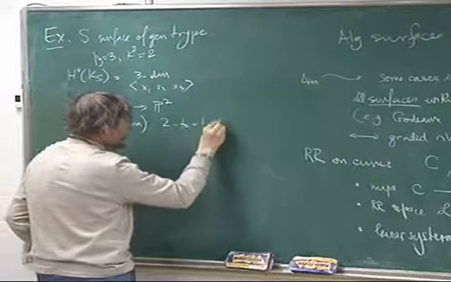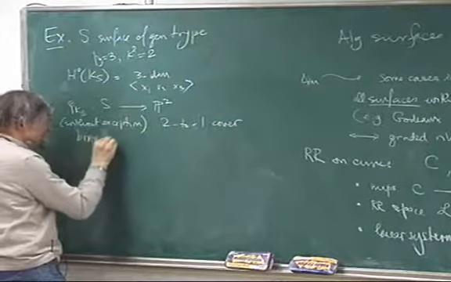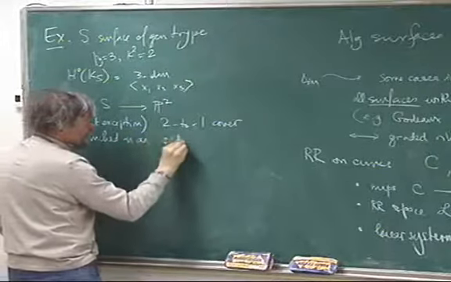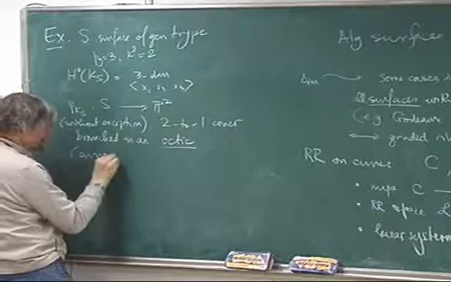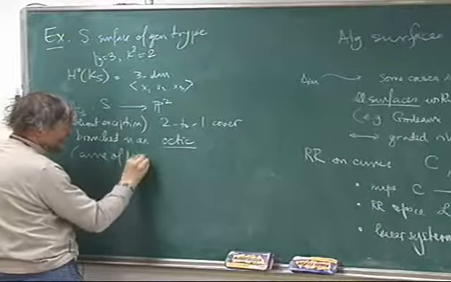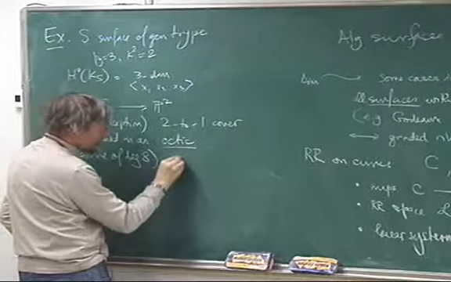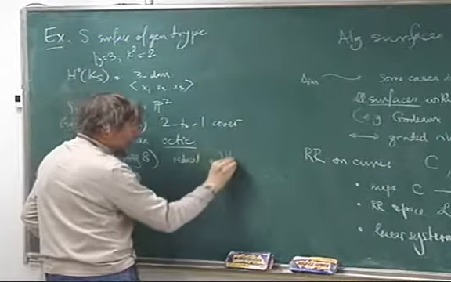A 2-to-1 cover branched in an octic. So this is a curve of degree 8. Which is, let me just say it's reduced and mild singularities.